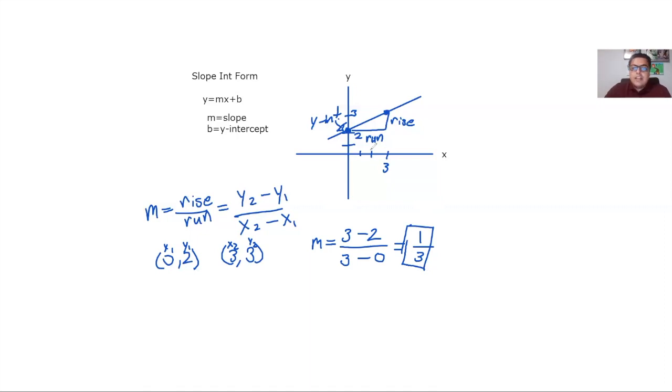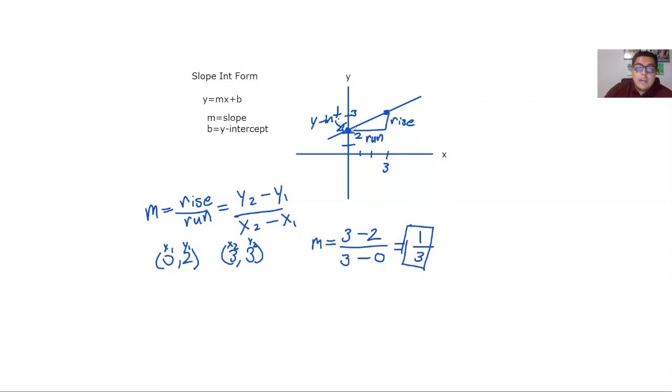So just given this line on this graph and these two specific points, we can easily write out our equation in slope-intercept form. So now that we know our slope is 1/3, we can go back and look at what our form is, which is y is equal to mx plus b, where b is our y-intercept, which we can see through this illustration where the line crosses the y-axis.